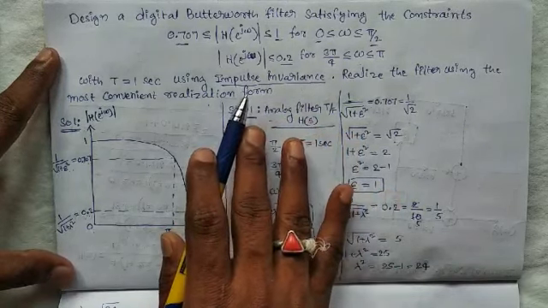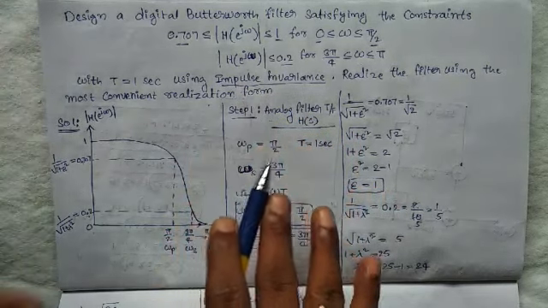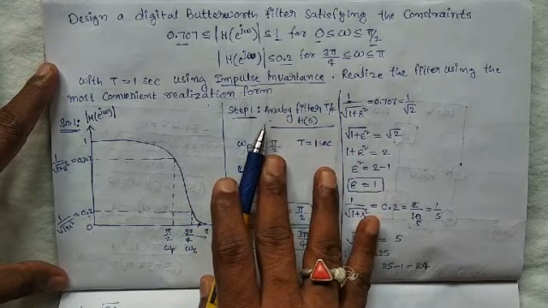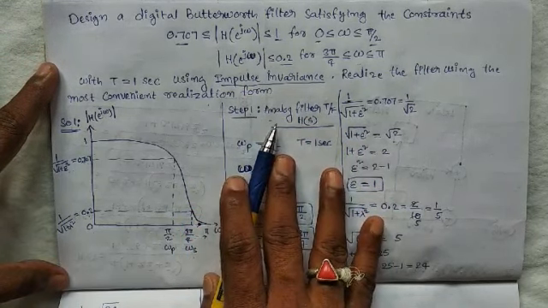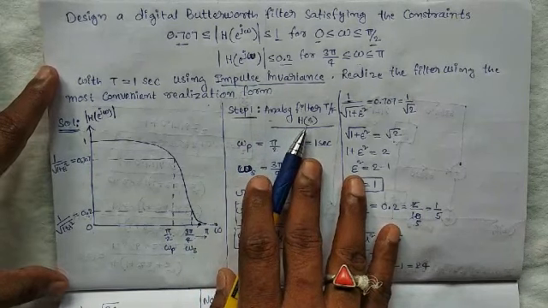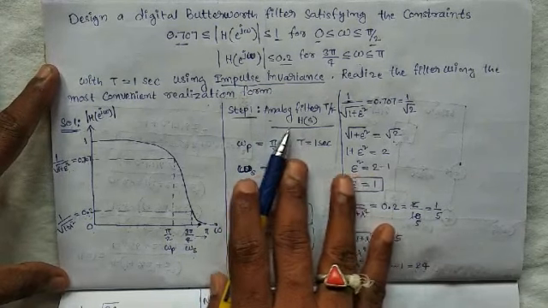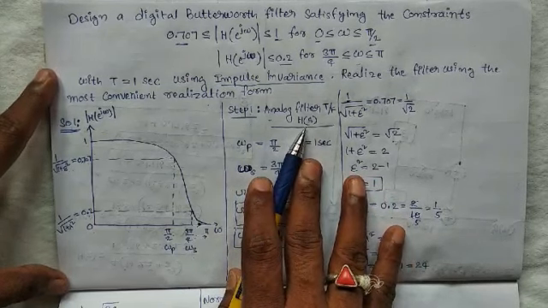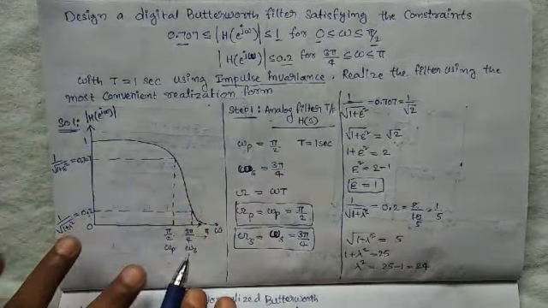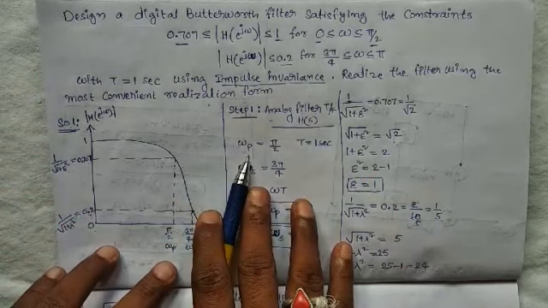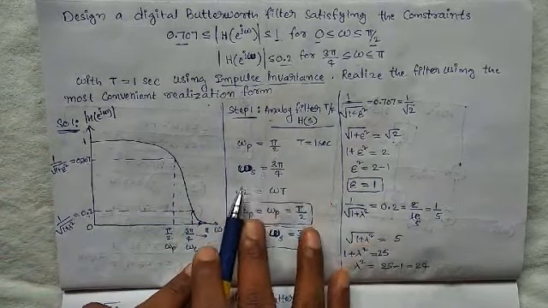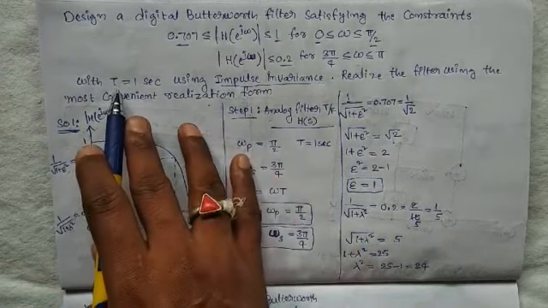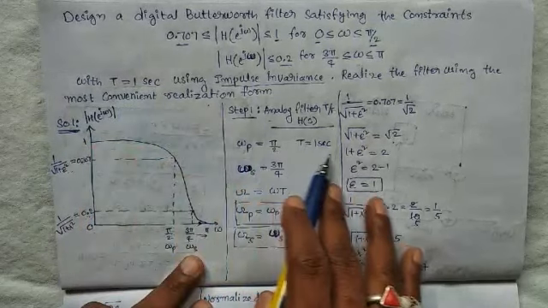In the first step we determine the analog filter transfer function, that is, H(s). From the diagram we observe the pass band frequency ωp is π/2, ωs is 3π/4, and T is given as 1 second.